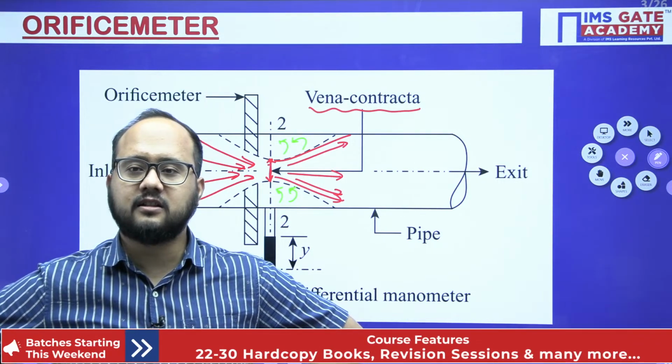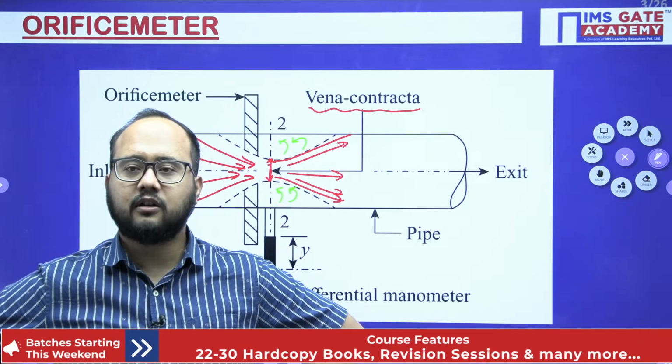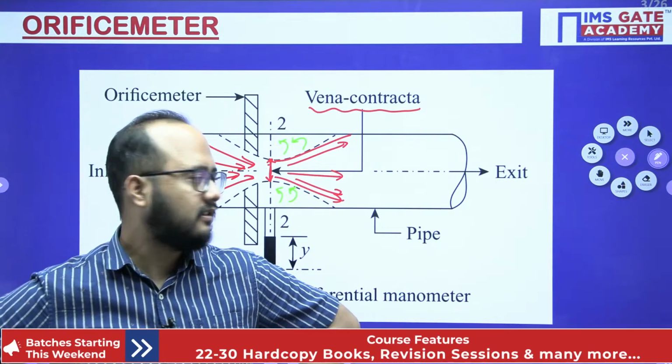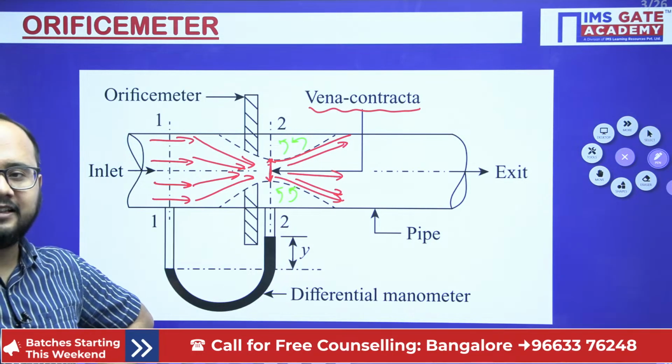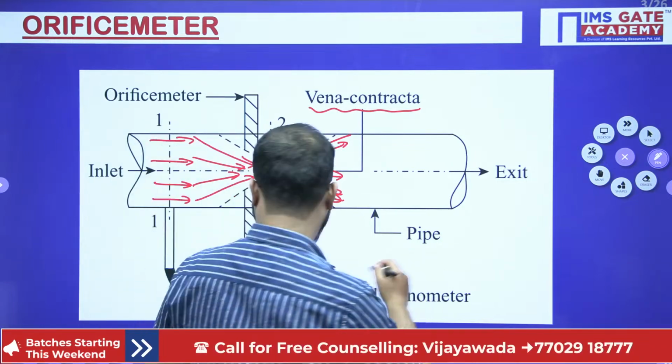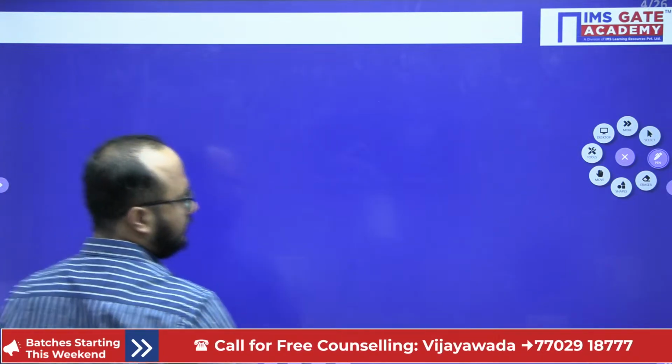The shape of a throat is a small cylindrical shape, but the vena contracta looks like a circular shape. First of all, you should understand this point.